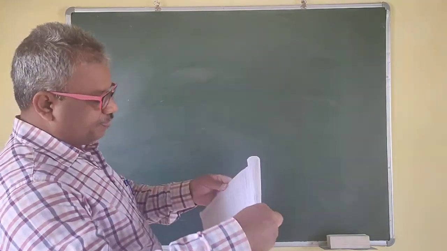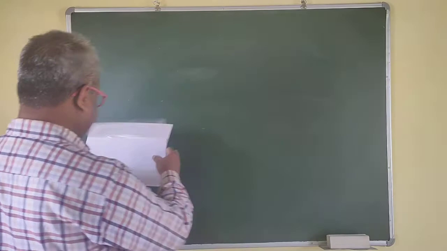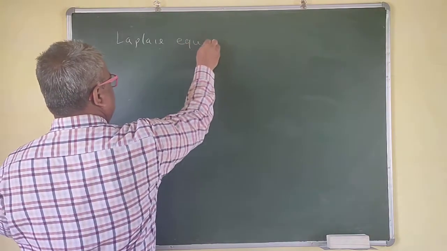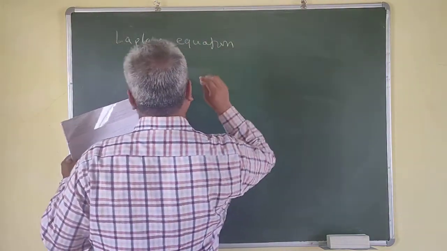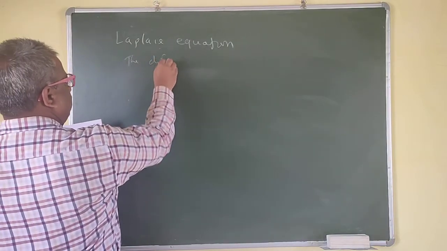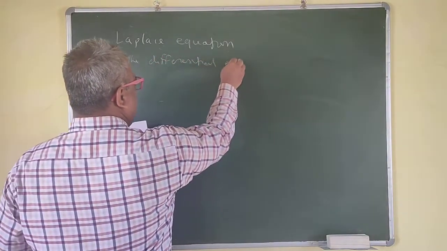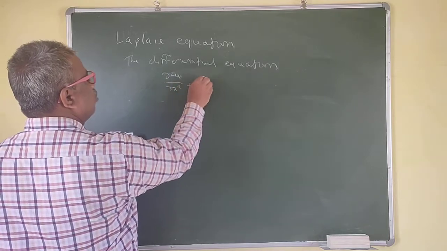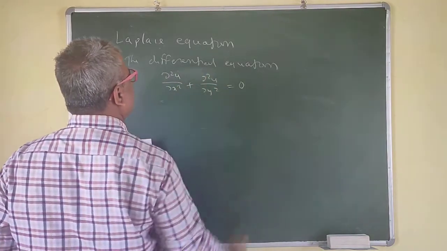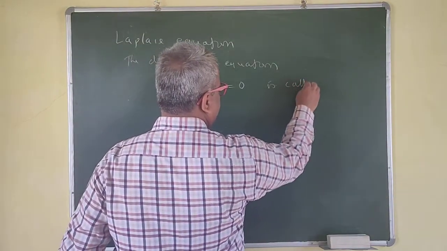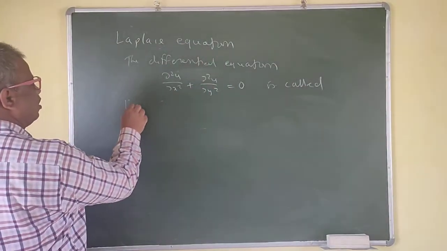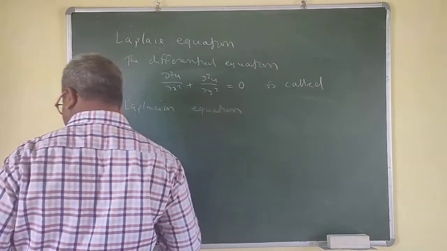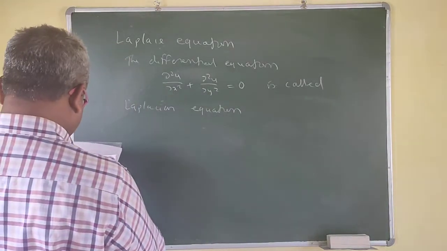So now, the Laplace equation. The differential equation del squared u by del x squared plus del squared u by del y squared is equal to 0 is called the Laplacian equation or Laplace equation.